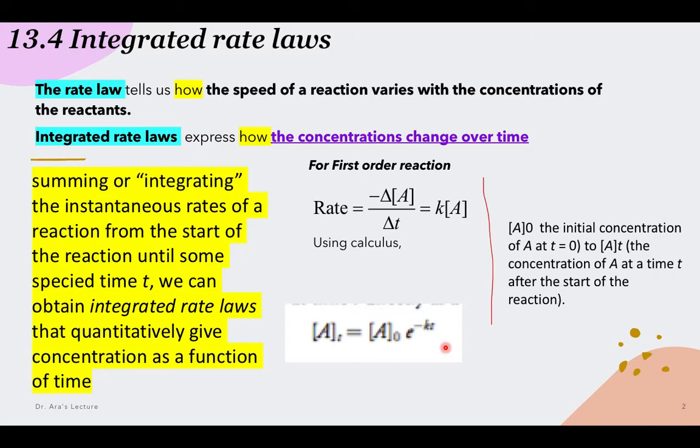So the change of concentration per change of time with respect to reactant A, and obviously if the reactant is being used up and disappearing, it is negative, equals k[A].